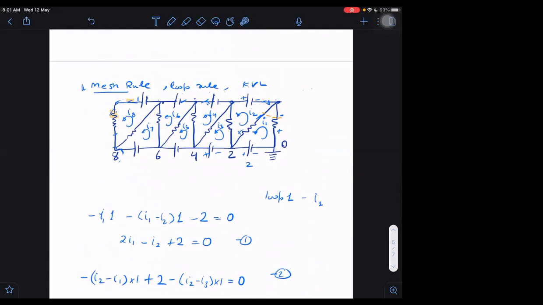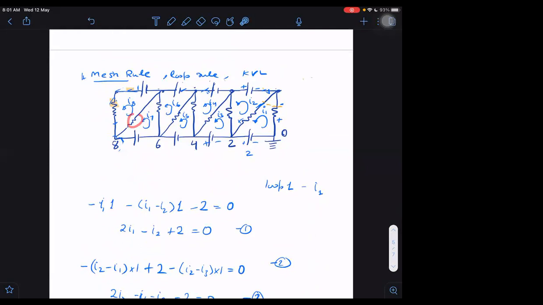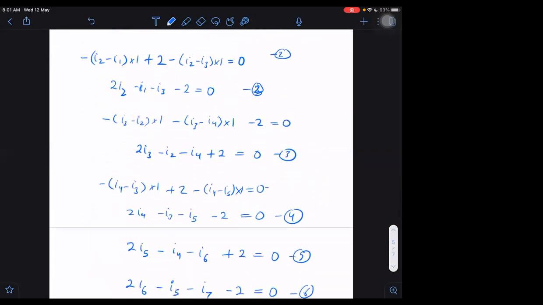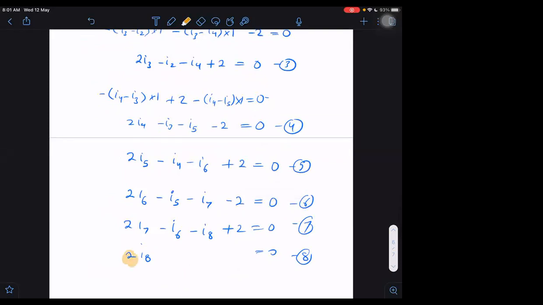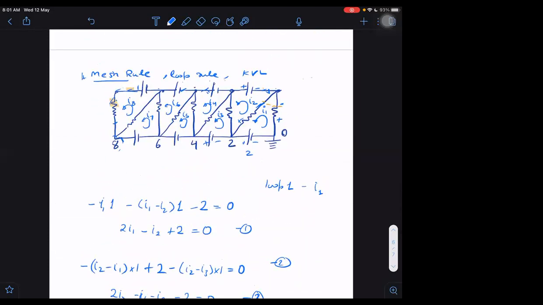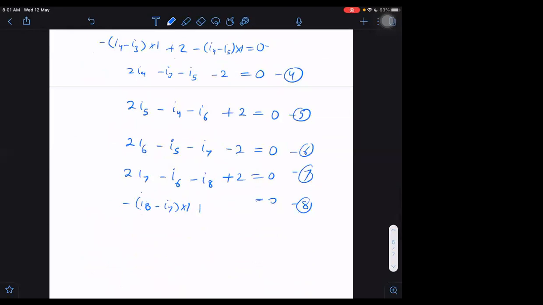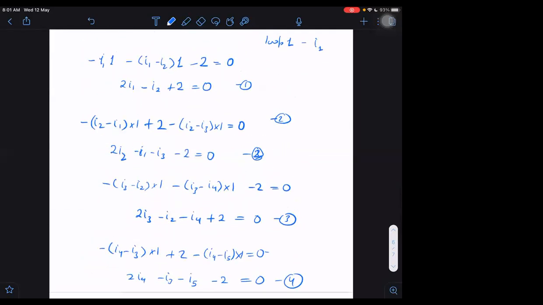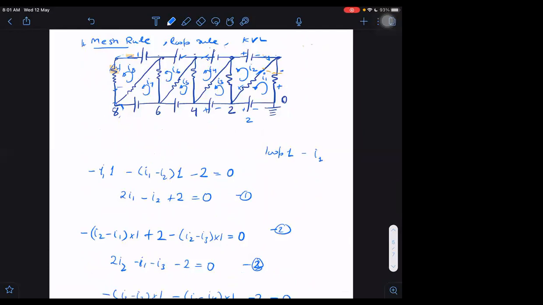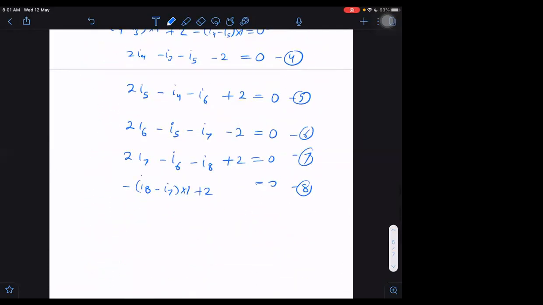In the last we are getting I8 minus I7, minus of I8 minus I7 into 1. Next, plus 2 volt. Next, it is again decreasing in that minus I8, minus I8 is equal to 0.